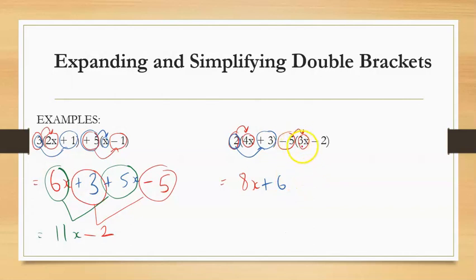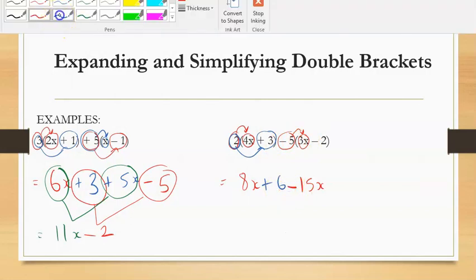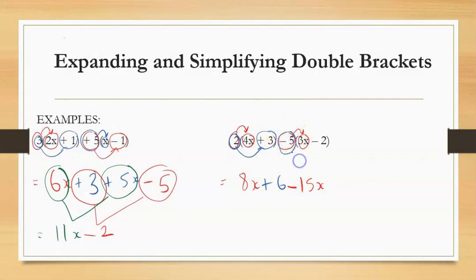It's 3 times 5, which is 15. Add the x. 3 is a positive, 5 is a negative, so they're mixed. So that will be subtract 15x. And then you have negative 5 multiplied by negative 2. Let's do the multiplication first. 2 5s are 10. Then you've got a negative and a negative, which will make a positive.